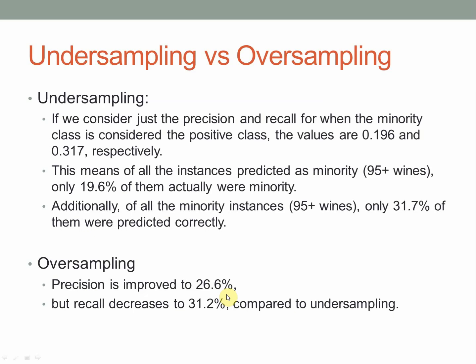Now, we use wine as the example because it's easier to look into the situation. The same scenario can be applied to everything else, such as credit fraud or outlier detection. For credit fraud, there's a much lower percentage of fraud compared with regular transactions.